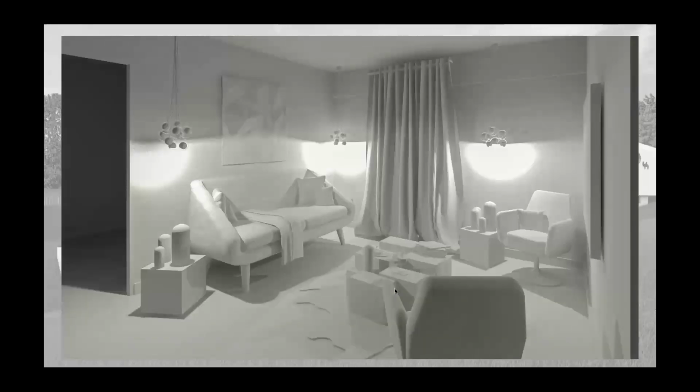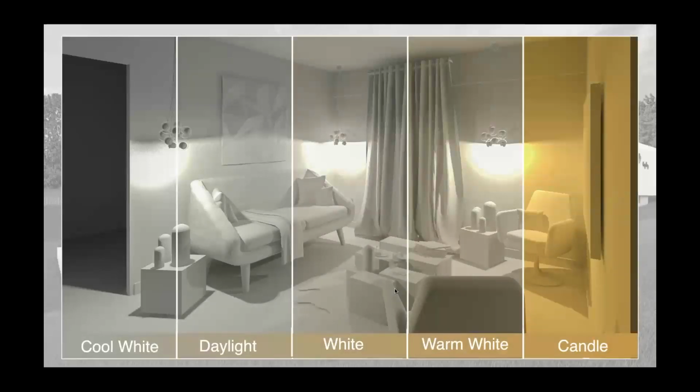This example is a white model because the different light colors will be much more visible over a white model rendering. The different presets are highlighted and distributed here. So we have the cool white, the daylight, white, warm white, and candle. The candle is the yellowish.